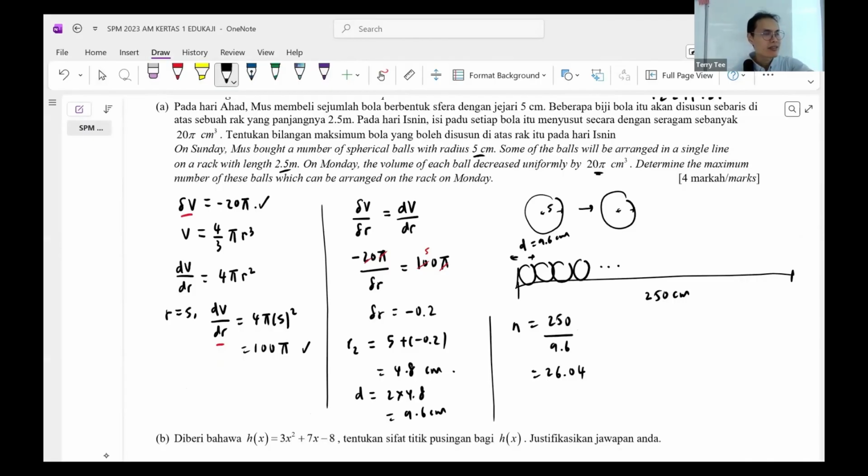Should I use 27? 26. No need to think very hard. You know why? 26 is enough. You can put 26 and a little bit more. Not 27. Please don't think the bigger one. Not enough. Yeah, you have enough space for 26 and a little bit more. That's 0.04. So the number of balls will be just 26.